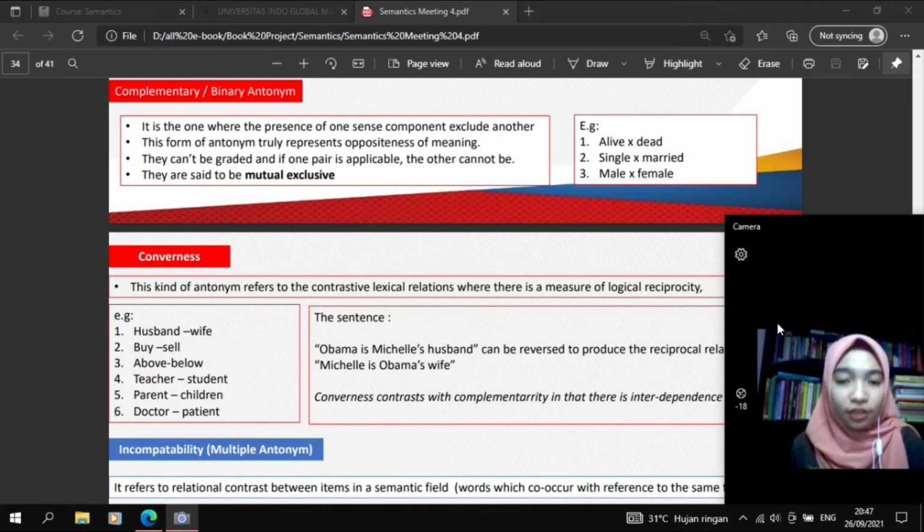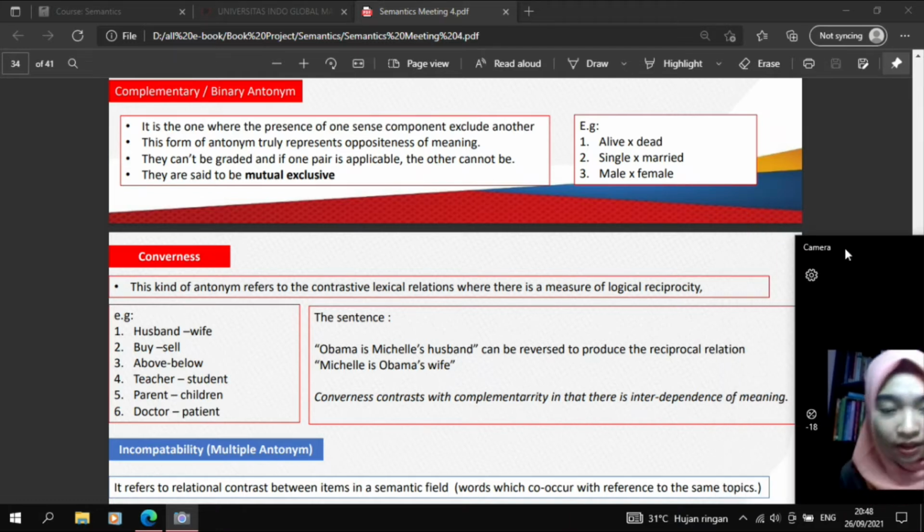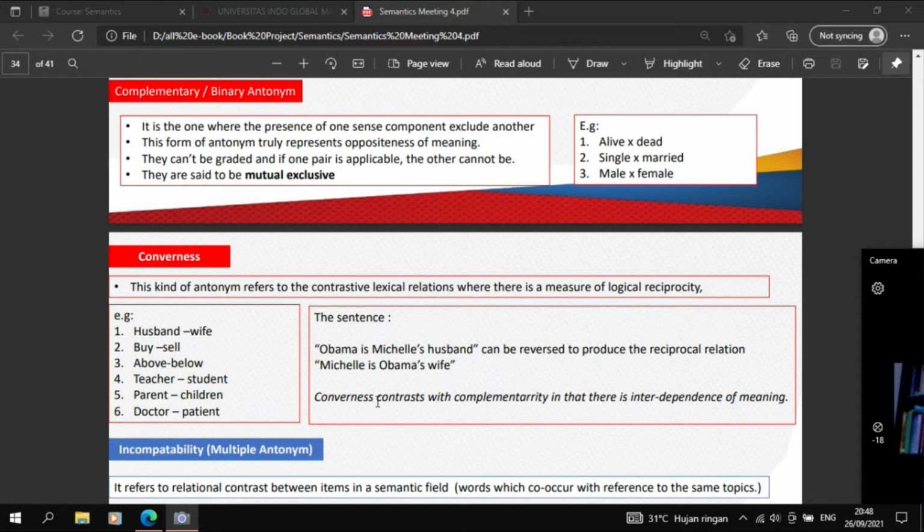So the very easy way to make you understand about converseness is that it is said converseness contrasts with complementarity in that there is interdependence of meaning. So if you say Obama is Michelle's husband, you can reverse to produce the reciprocal relation: Michelle is Obama's wife.